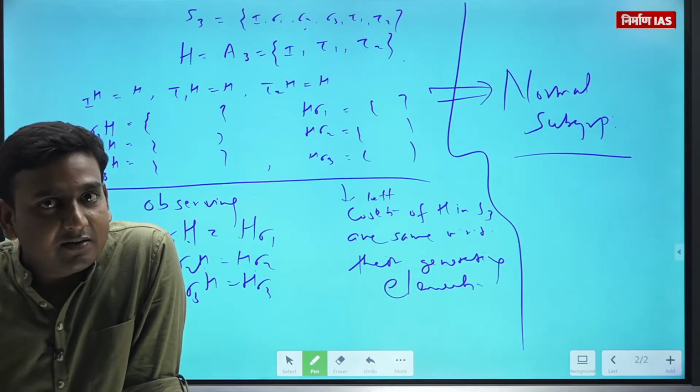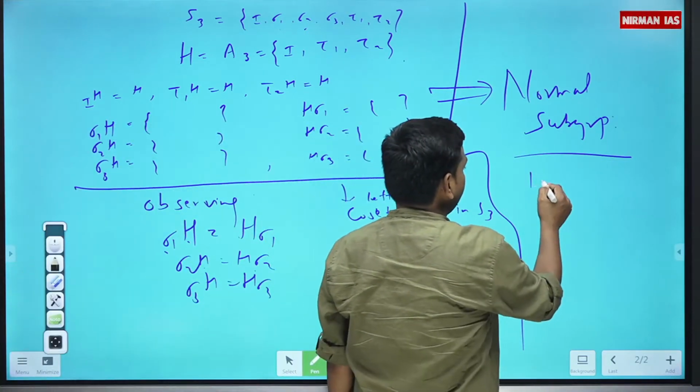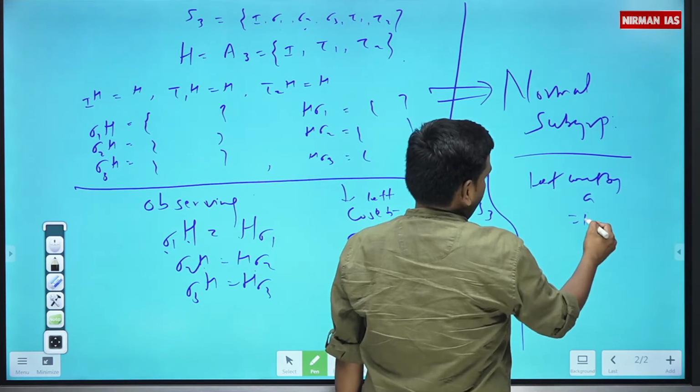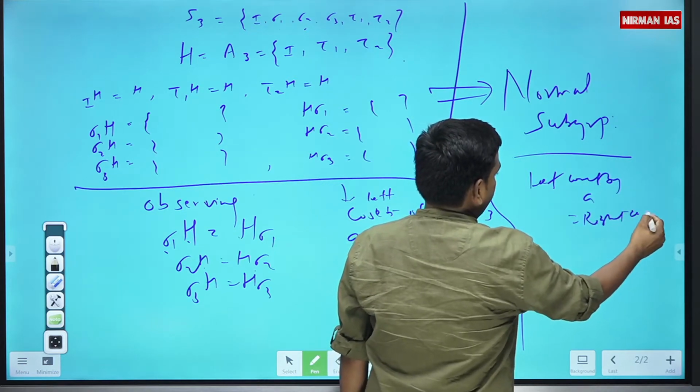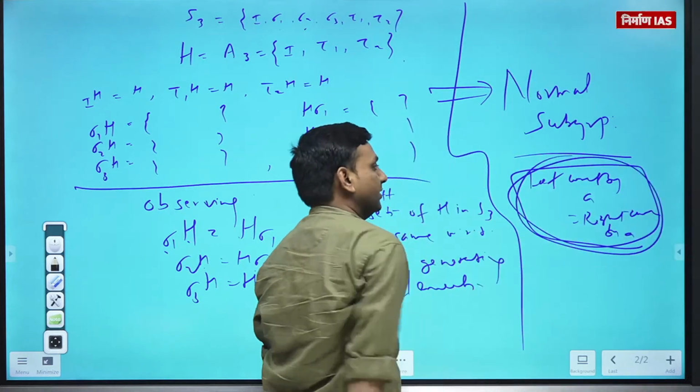Is that clear? So the keyword is, left coset by a is right coset by a. Okay? Any doubt?